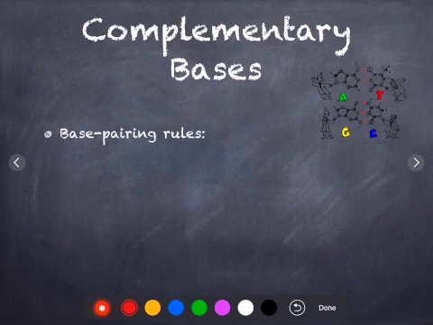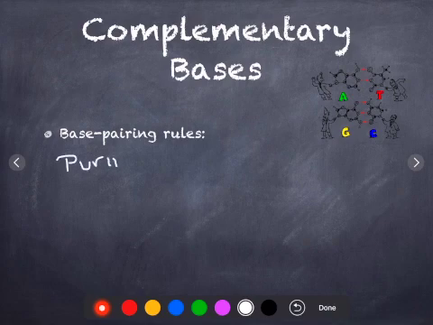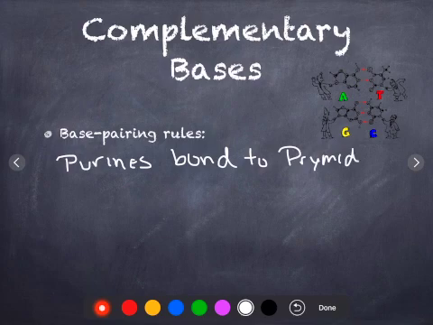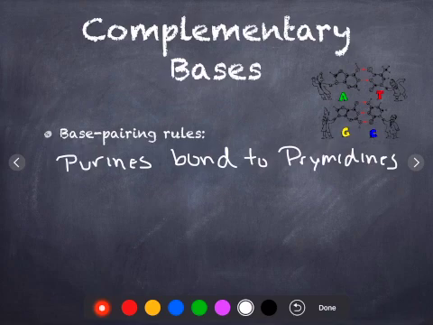So in DNA, we have what's known as a base pairing rule. And pretty much in DNA, what this base rule is that purines always bond to pyrimidines. Now remember, the difference between the purines and the pyrimidines is the pyrimidines are the ones with the single carbon ring, okay?